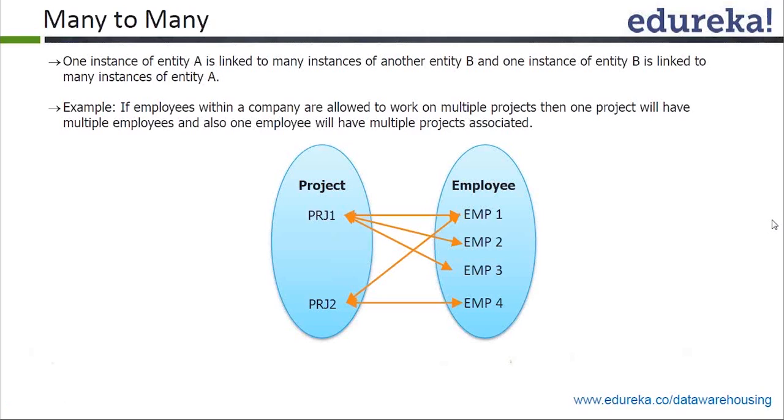So a many-to-many relationship is a relationship in which one instance of an entity A is linked to many instances of another entity B, and one instance of entity B is linked to many instances of entity A. So it's both sides, they are related many to many. So these are three different types of cardinalities: one to one, one to many, many to many. So that's about the relationship between the entities.